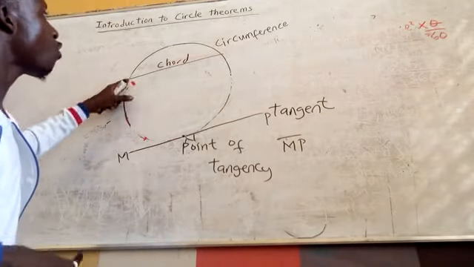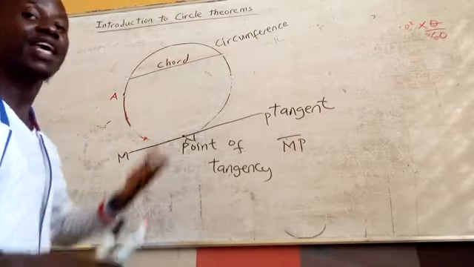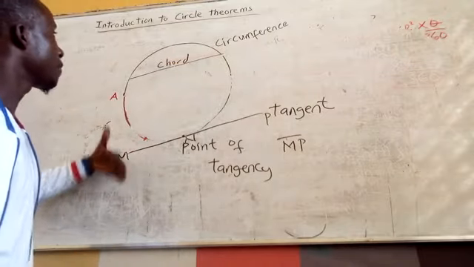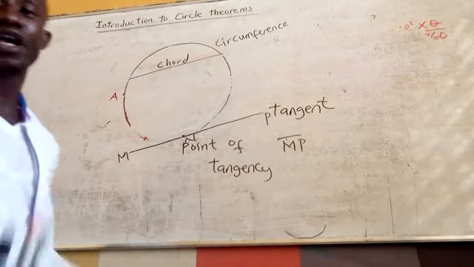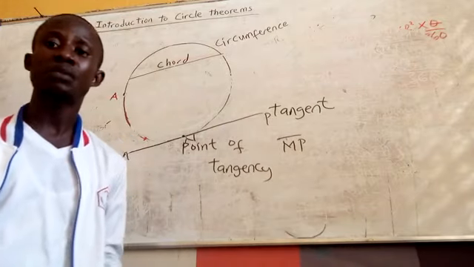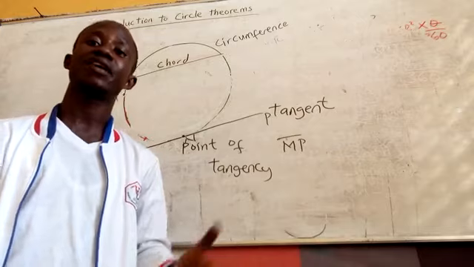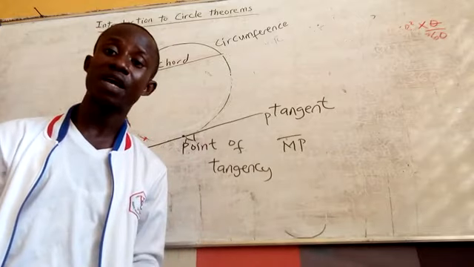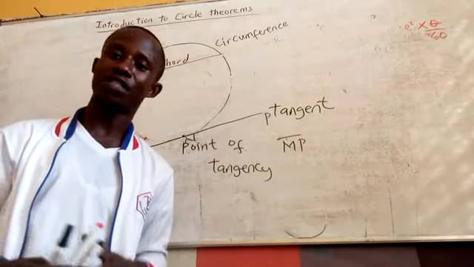It touches the circle at exactly 2 points. Whenever you have a chord in a circle, either side of the chord is referred to as a segment. We have two types of segments: the major segment and the minor segment. The major segment is always larger than the minor segment.